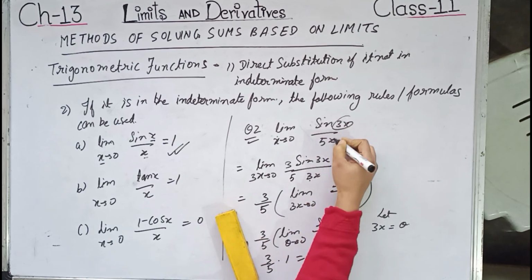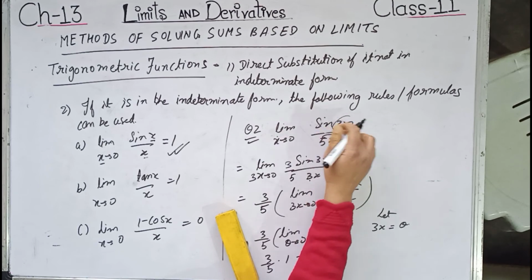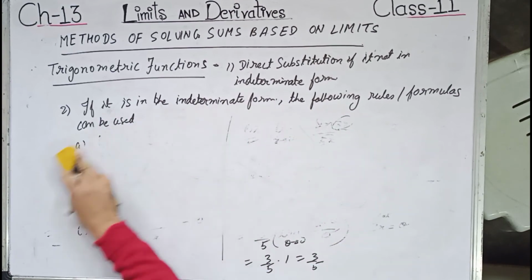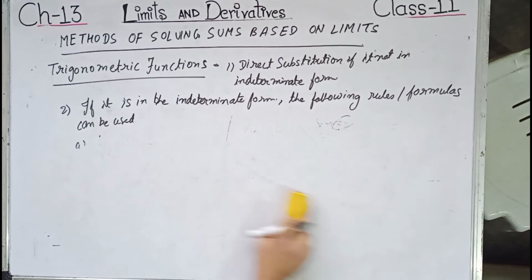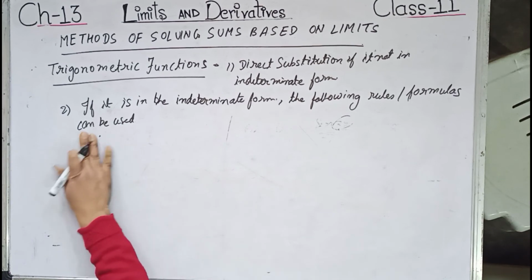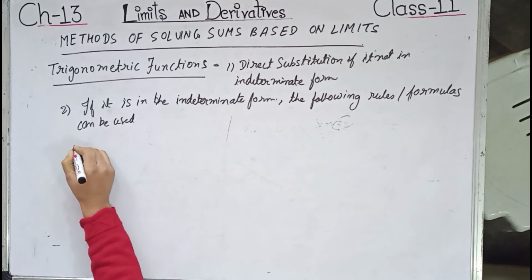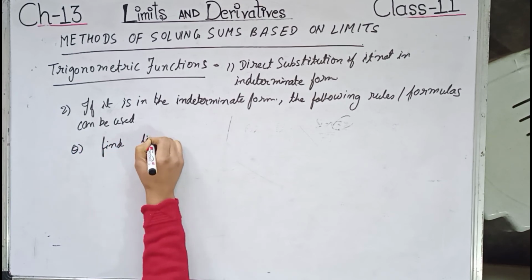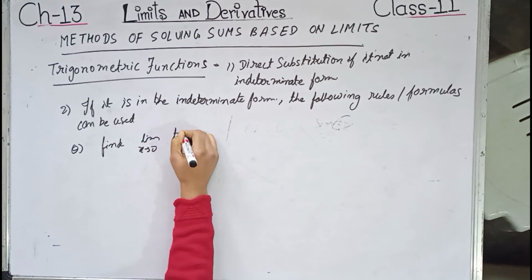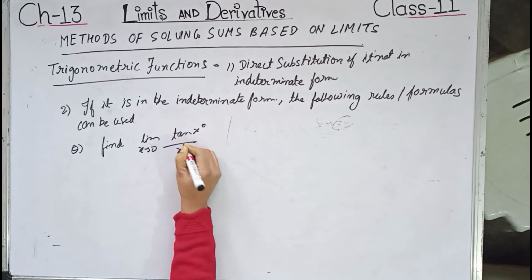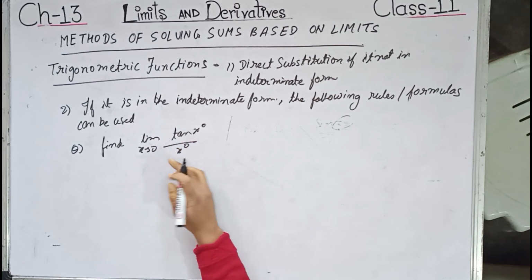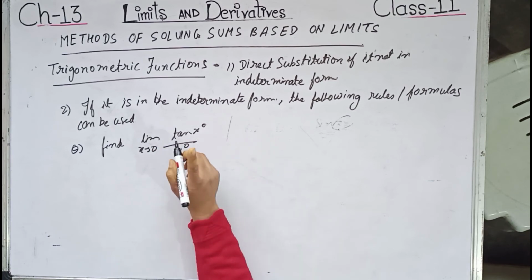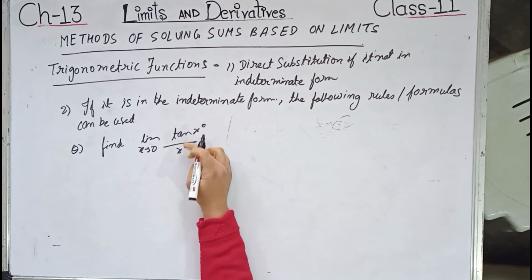Now always keep in mind that in these formulas the x in sine x is in radian. I said radian because I am giving one example over here. Find limit x tending to 0 tan of x degree by x degree. Here I cannot directly use the formula limit theta tending to 0 tan theta by theta equals 1, because I again repeat, in the formula also you write theta is in radian. So I have to convert this to radian.